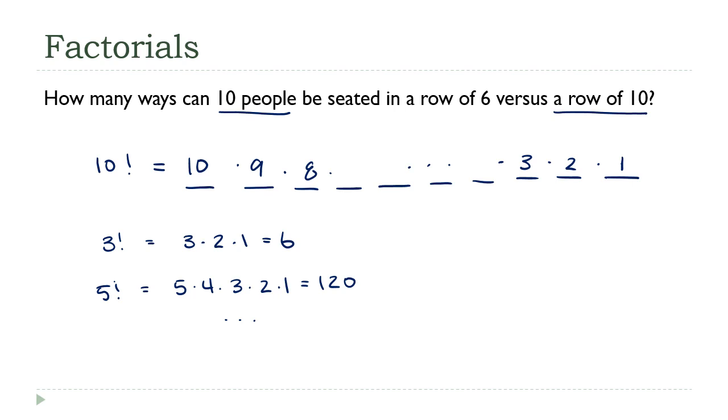Right? This comes up a lot in the kinds of counting questions that we're going to be talking about, this idea of multiplying a sequence of consecutive integers together. So it's going to be helpful to have a notation to shortcut that. And there is one other special value here I need to throw out to you. And I know this is a little weird, all right, but 0 factorial we're going to define to be equal to 1.